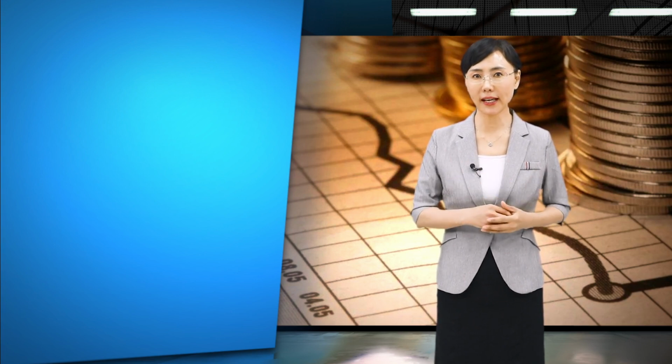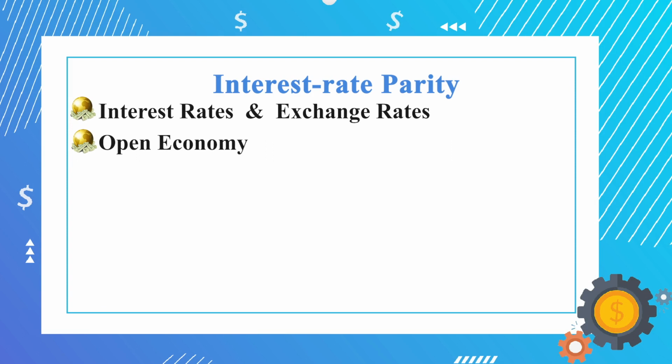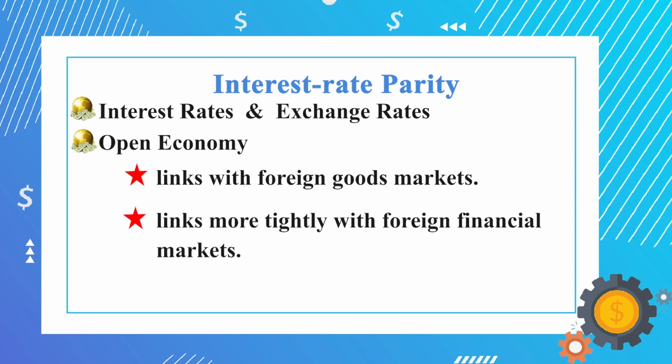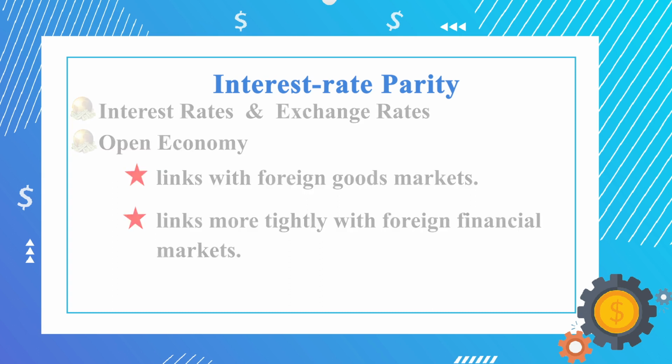Interest rate parity is the theory about the linkage between interest rate and exchange rates. Like PPP theory, IRP theory also deals with open economy, which links with not only foreign goods market, but also foreign financial markets. Unlike PPP theory, IRP theory links much more tightly with the latter, the foreign financial market.